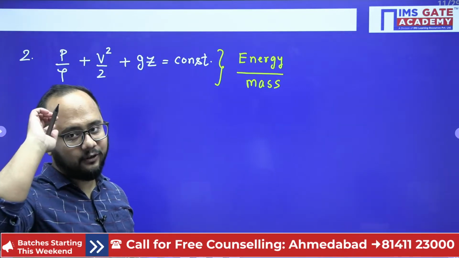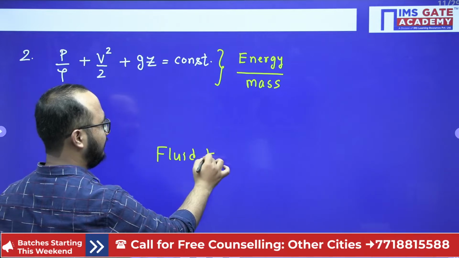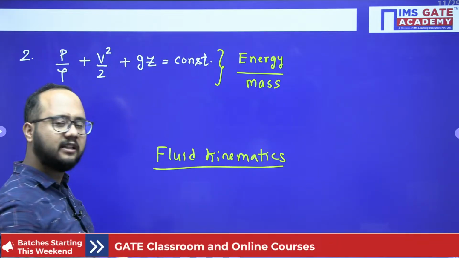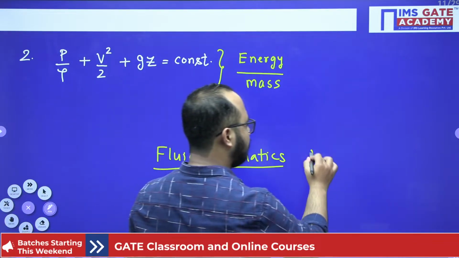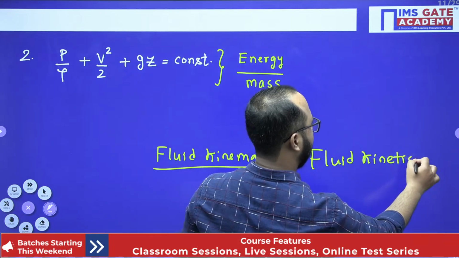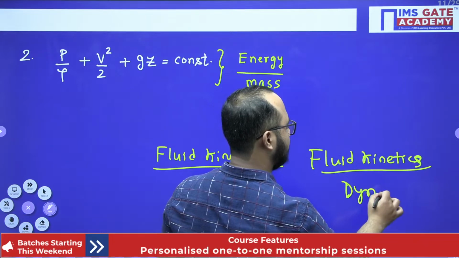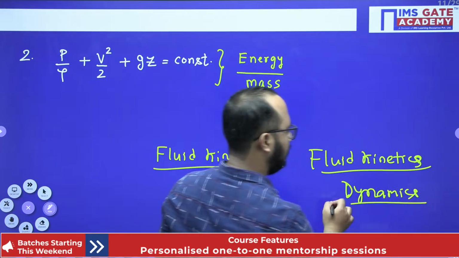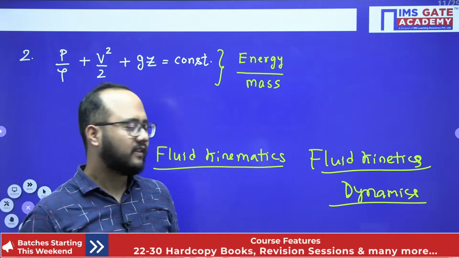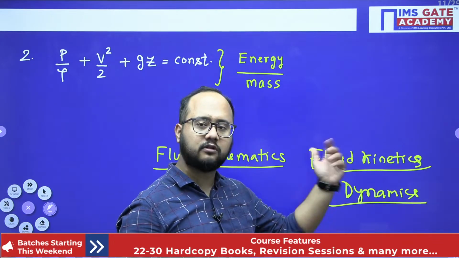See, I will tell you one important thing. When we study fluid kinematics, we will be discussing the motion related parameters. There is also one more thing, fluid kinetics. But this term is not that famous and we will simply say fluid dynamics. So kinetic and dynamic both we can say, because fluid dynamics is more popular, that's why it is used in the books also.